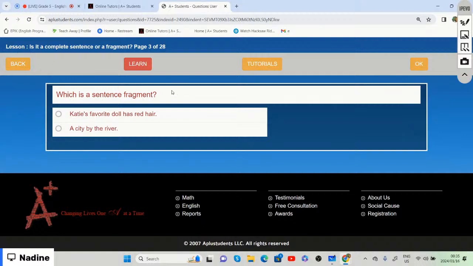And which is a sentence fragment, right? A fragment does not express a complete thought. Is it Kathy's favorite doll has red hair, or a city by the river? Which one is a sentence fragment? It does not express a complete thought.